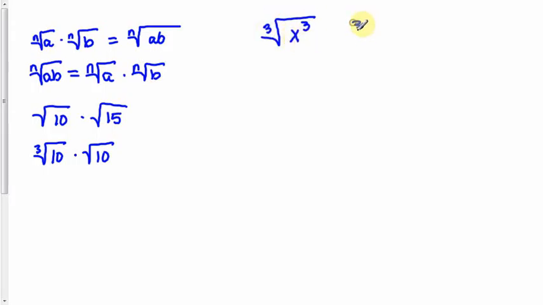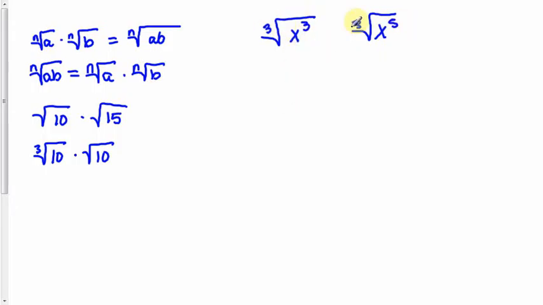I also could not say that this was simplified, because the power is greater than the index. So that one reads again: it is in simplified form if the radicand has no factor raised to a power greater than or equal to the index. In other words, the powers that are under here must be less than the index.